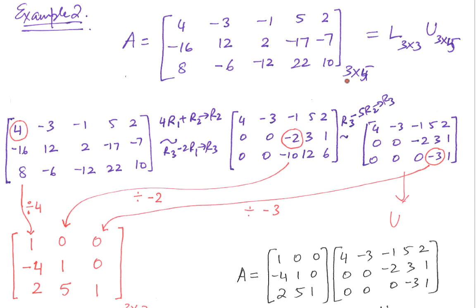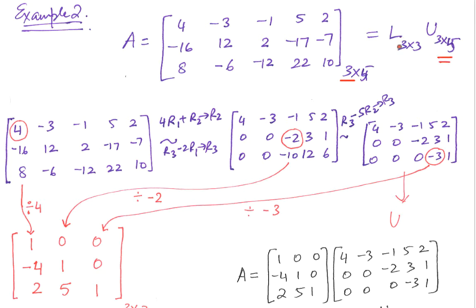Now remember, the lower triangular matrix is a square matrix, and the size of the lower triangle depends upon the number of rows of the original matrix. Whereas the upper triangular matrix, the U matrix, depends upon the size of the original matrix. So if it's a 3 by 5, we're going to have a 3 by 5.